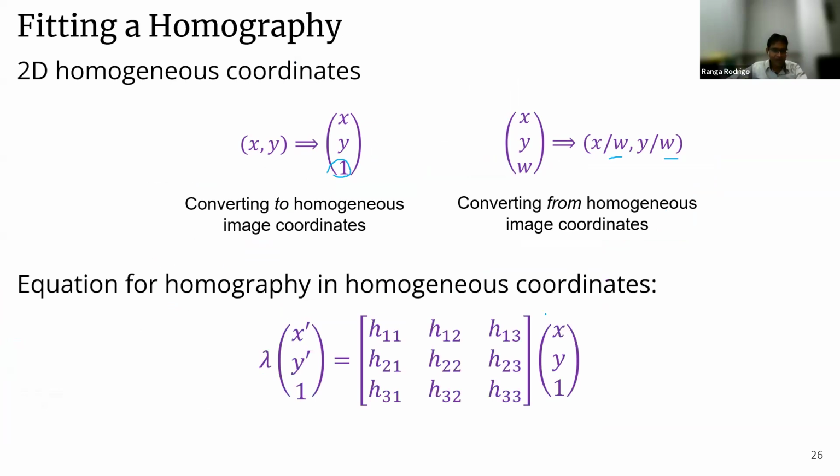So the equation for the homography in homogeneous coordinates is like this. This is what we have used in the examples that we did with the lines. So we can write that as lambda x prime equals Hx. So this is my H, this is my x. There is an unknown scale here. That's what this lambda is. Unknown scale.